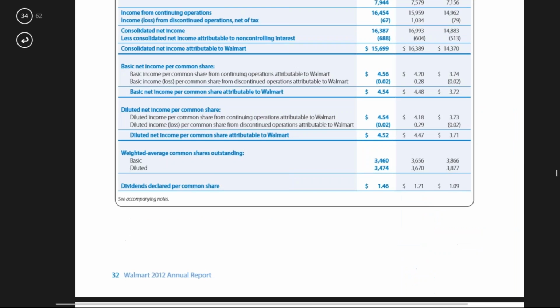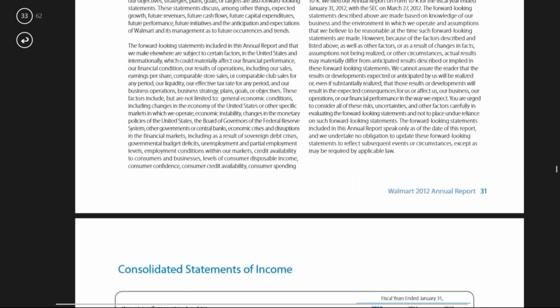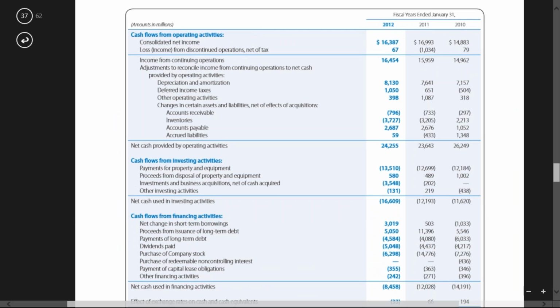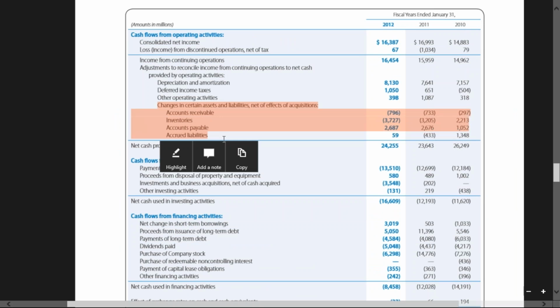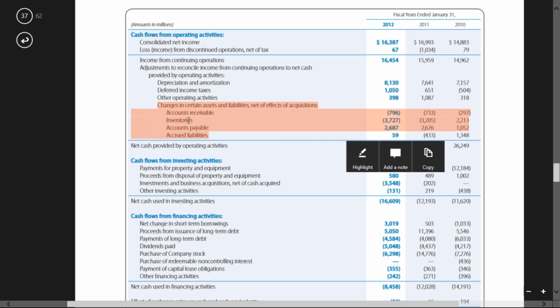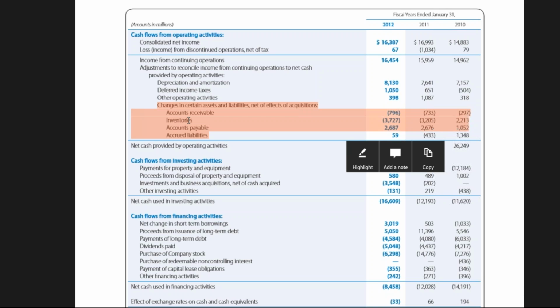The biggest reason is that if you go to the cash flow statement, this section, cash flow from operating activities, is actually defined as changes in certain assets and liabilities, net of effects of acquisition. It's not really operating working capital, although we want to define it like that in banking.